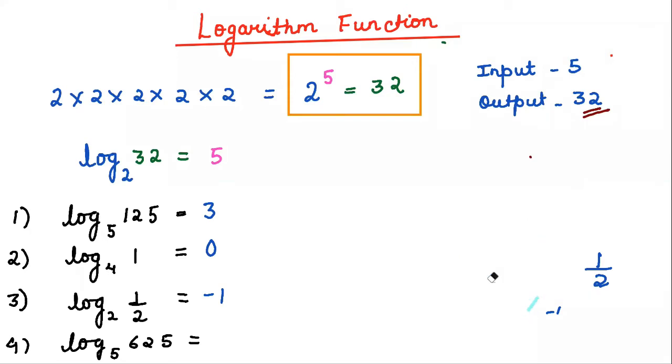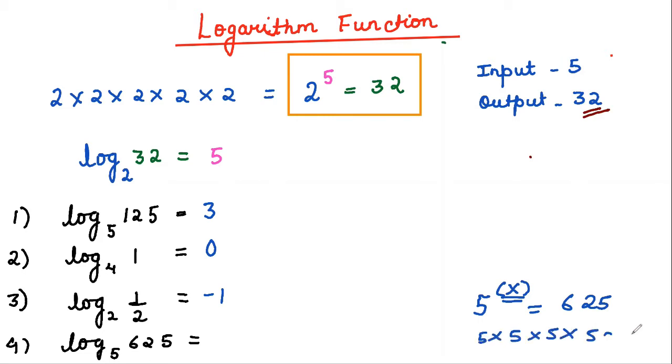So in exponent form, it will be: what should we raise 5 to the power of so that you get 625 as your output? So here the input should be 4, because you know 5 into 5 into 5 into 5, 4 times multiplied gives you 625. So it will be 4.